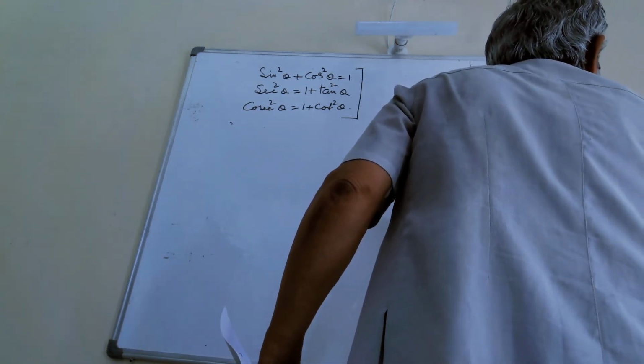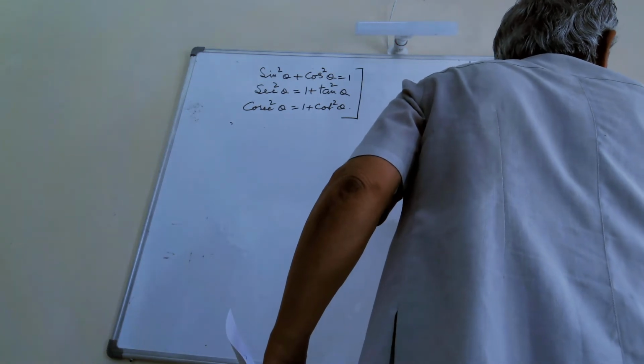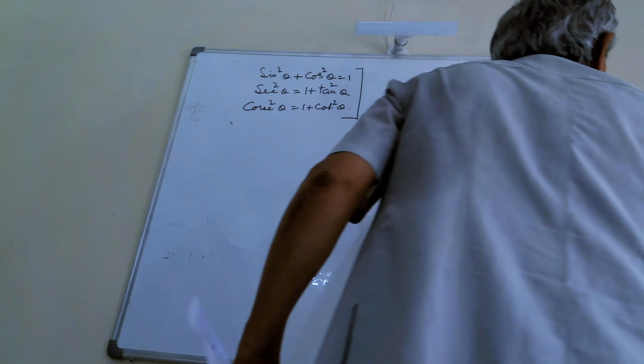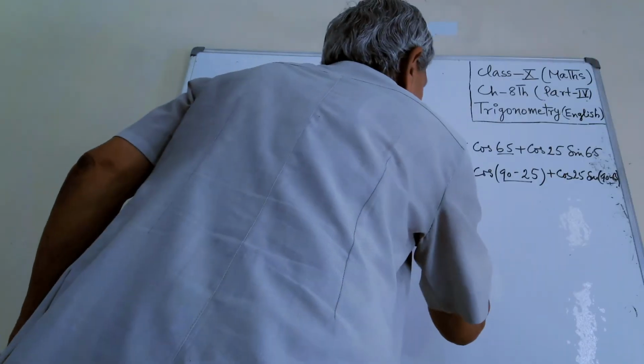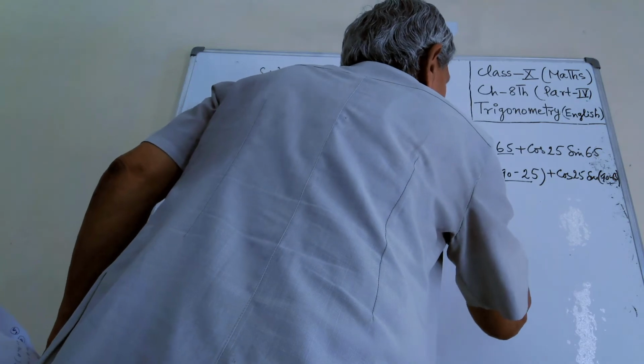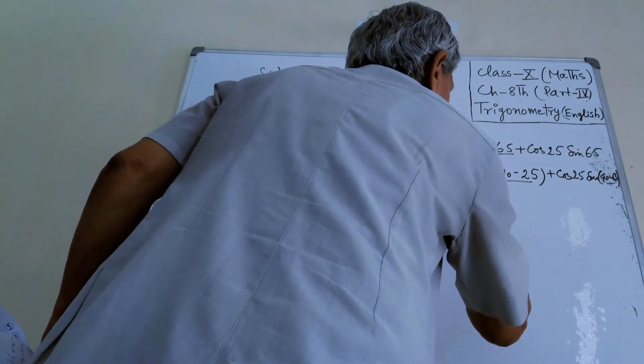Sine(90 minus 65), here sine 25, and cos changes into sine.